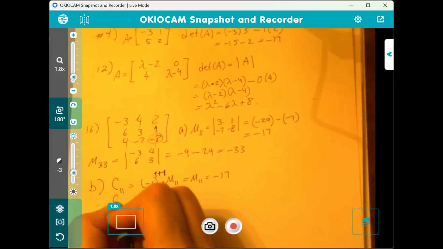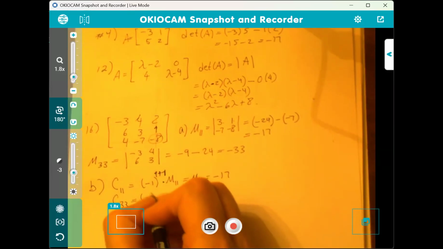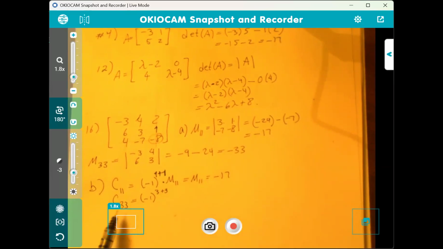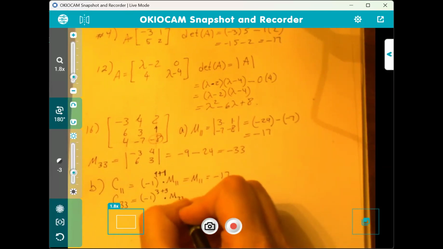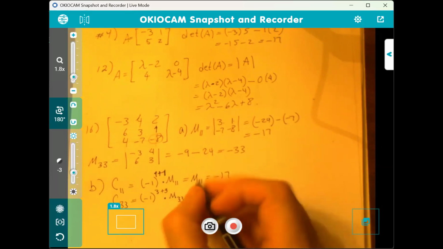What is the cofactor for 3, 3, the one we just did? Well, that's going to be negative 1 to the power of 3 plus 3, whatever the row and column combination is, that's the exponent, multiplied by M3, 3. Because 3 plus 3 is 6, even, negative 1 to an even power is 1.